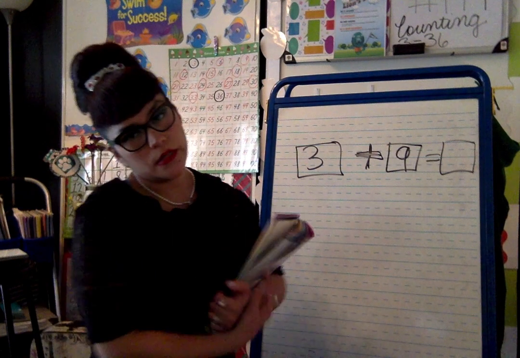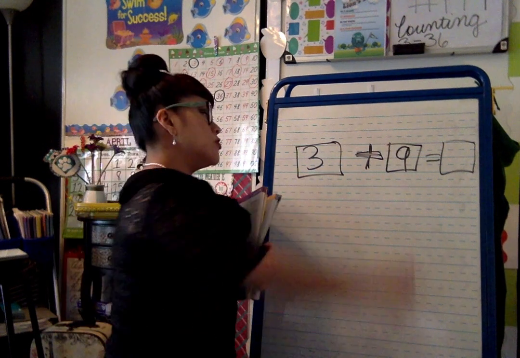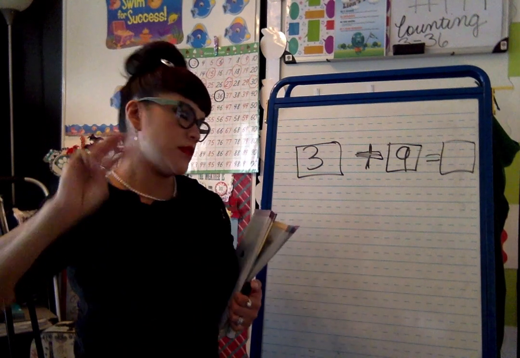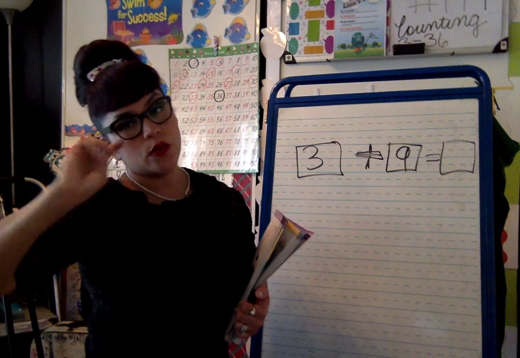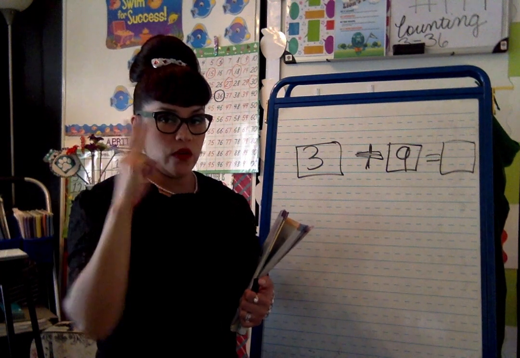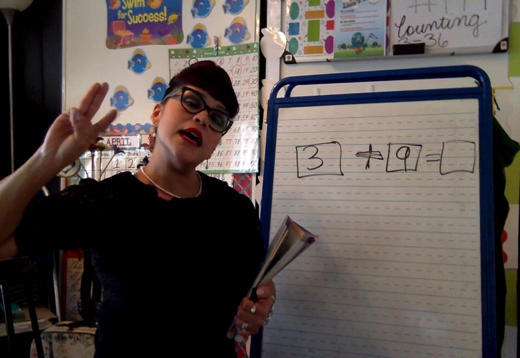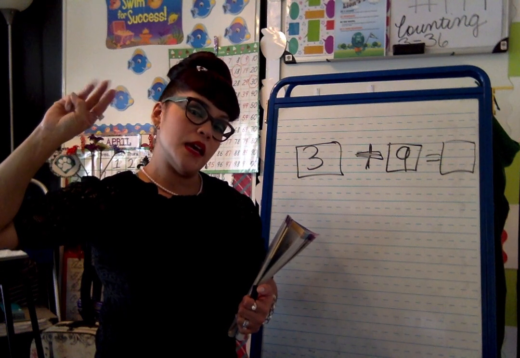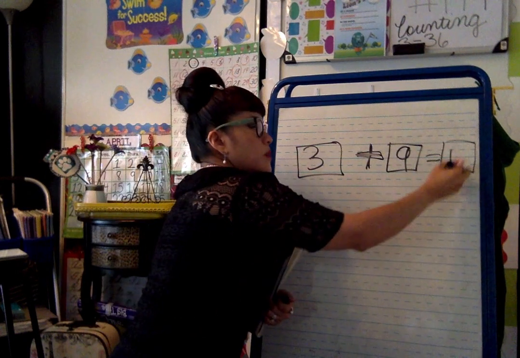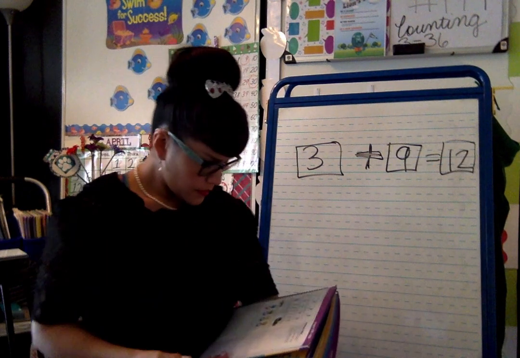Thinking caps on. So I always keep my larger number in my head, and if I'm adding, I'm taking 3 fingers out so that I remember to add. So we're going to add after the 9, right? So 9 in my head. My 3 fingers are up. 9, 10, 11, and 12. Our answer is 12. So go ahead and put 12 there.